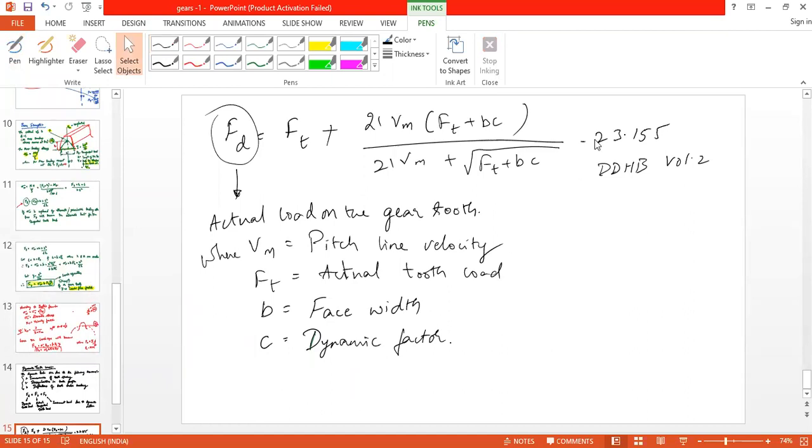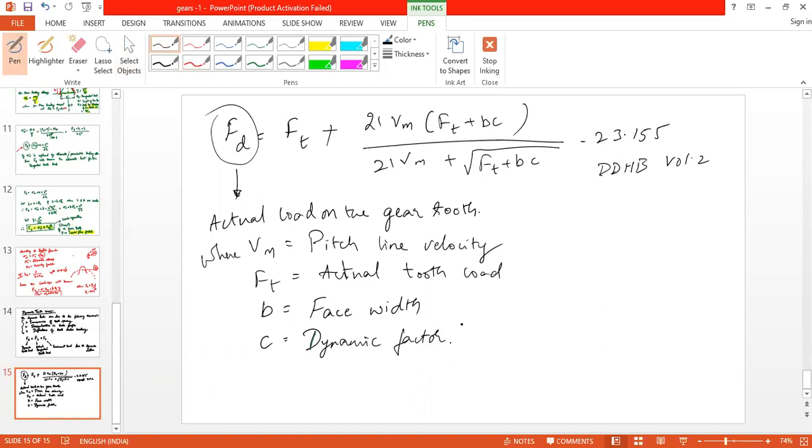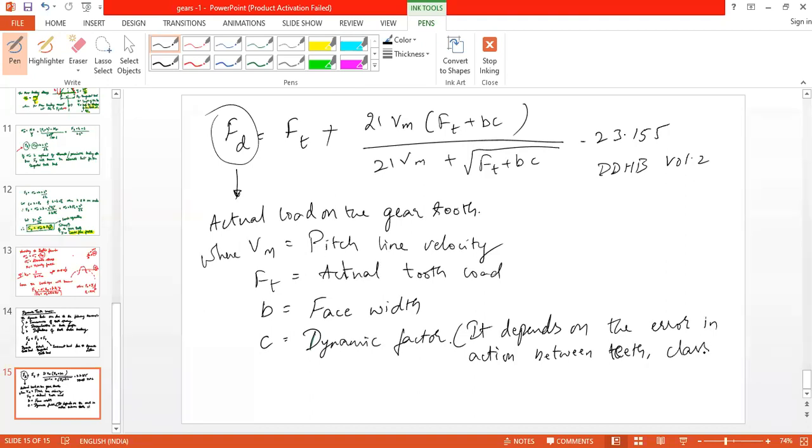And this dynamic factor depends on the error in action between the teeth, the class of cut of the gear, the tooth form and the material.